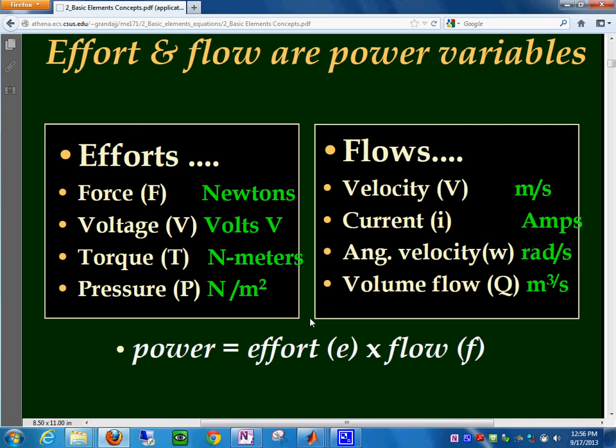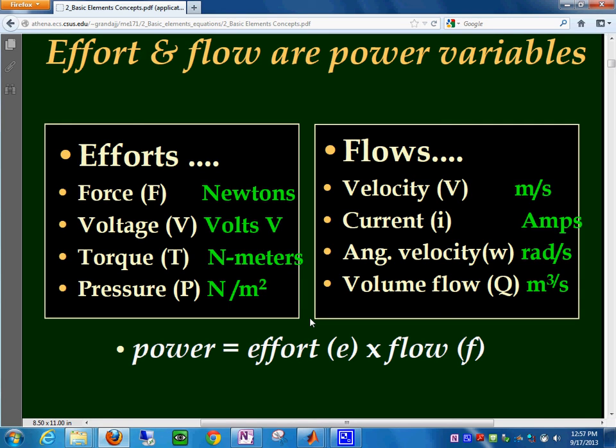That's why on a mechanical system you have force and velocity. On the electrical system, voltage and current. Or if it is in rotation, you have a torque and the angular velocity, or you have the pressure and the volume flow rate. All these are variables of the same kind.